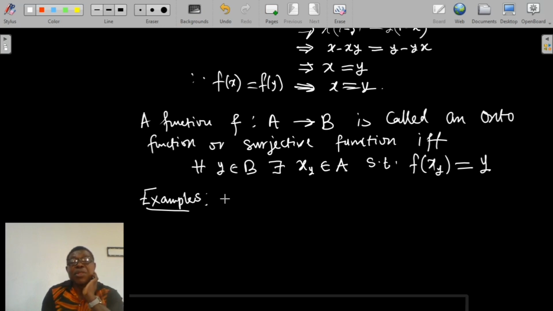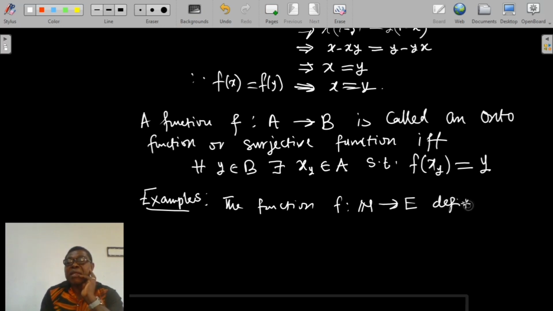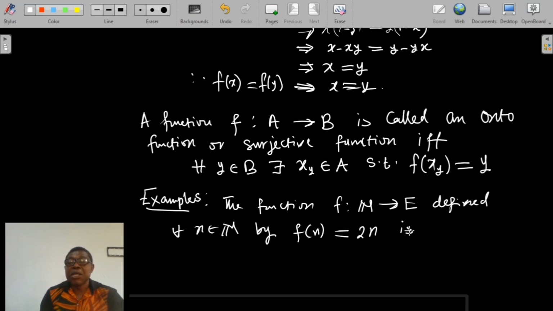Example: the function f from N to E defined for all n in N by f of n equals 2n is an onto function.